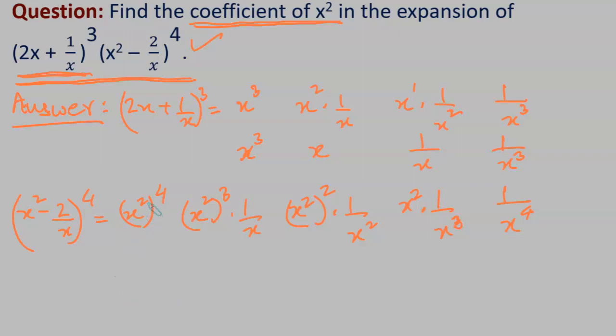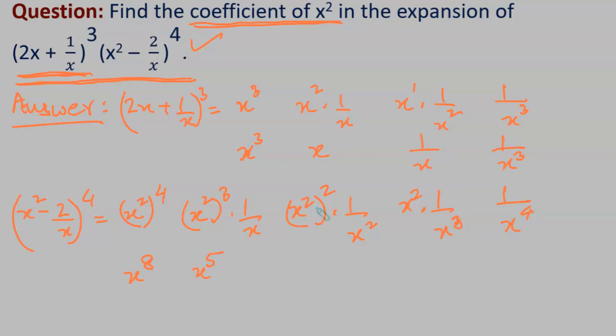x to the power of 2 whole raised to the power of 4 is x to the power of 8. x to the power of 2 whole raised to the power of 3 is x to the power of 6 and divided by x. So, it is x to the power of 6 minus 1, which is 5.